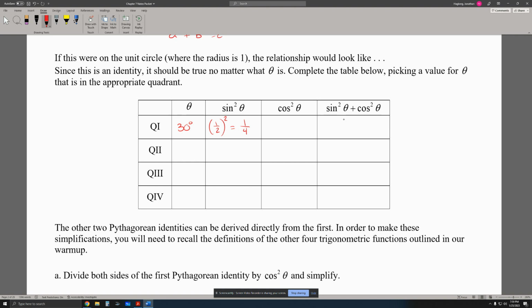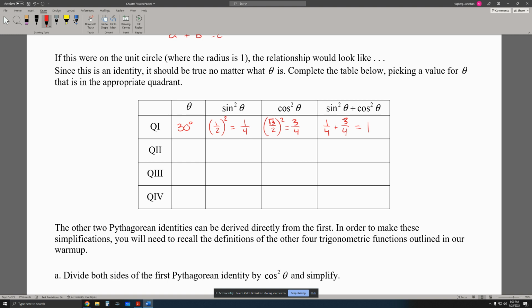The cosine of 30 degrees is the square root of 3 over 2. If we square that, we get 3 over 4. If we take the sum of those squares, we get 1/4 plus 3/4. That's equal to 1. We have 4/4.